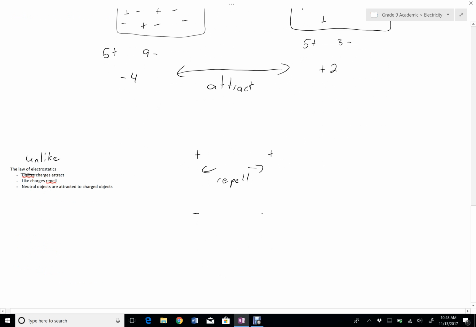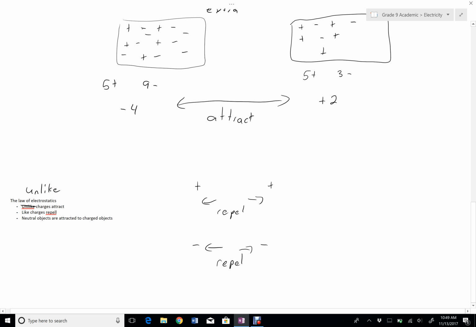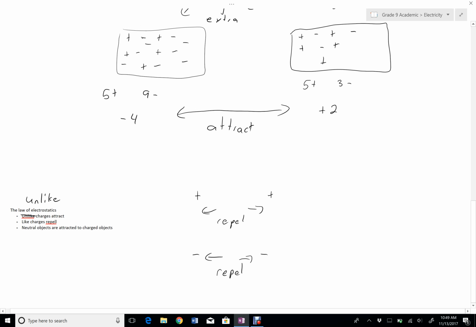Or if I had 2 negatives, they'd repel or push each other away. Neutral objects, I think that should just have 1 L. Repel. Sorry. Neutral objects are attracted to both positive objects and negative objects. We'll talk about why that is in a future video.